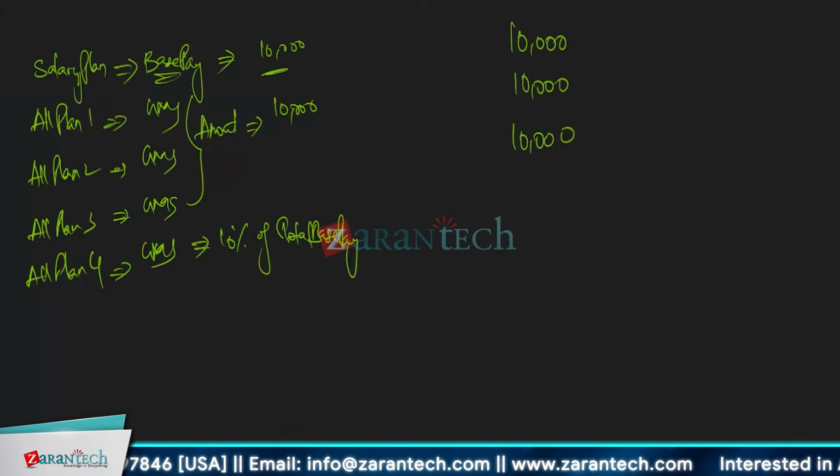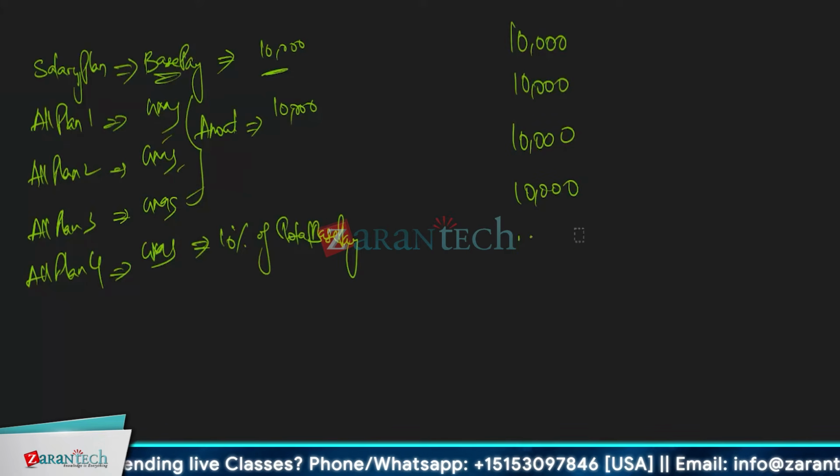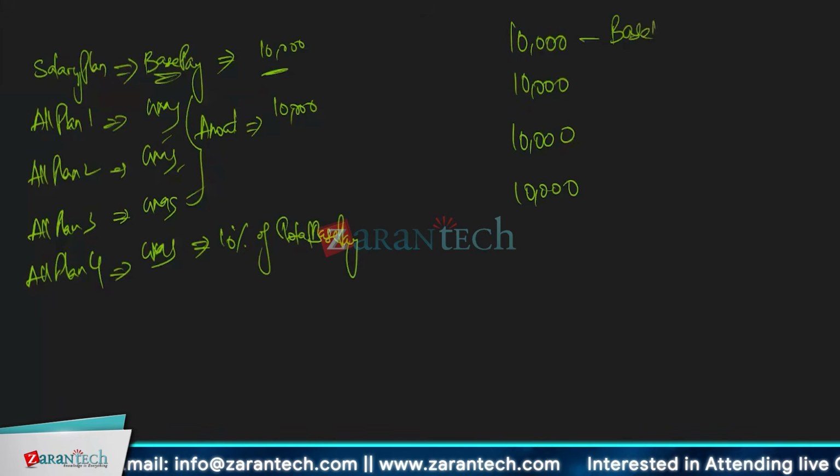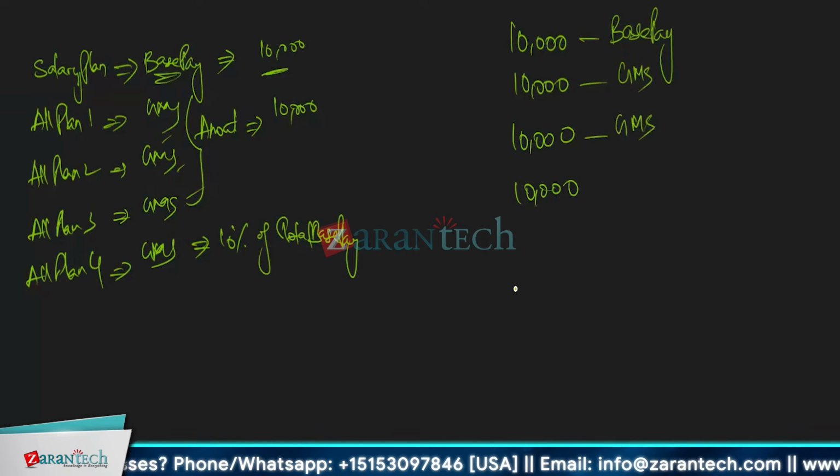So 1, 2, 3. Sorry, I just added one extra one. So this is base pay. This is using GMS as a comp element, right?